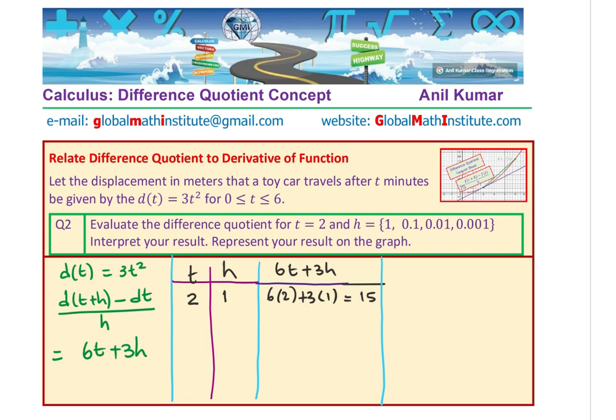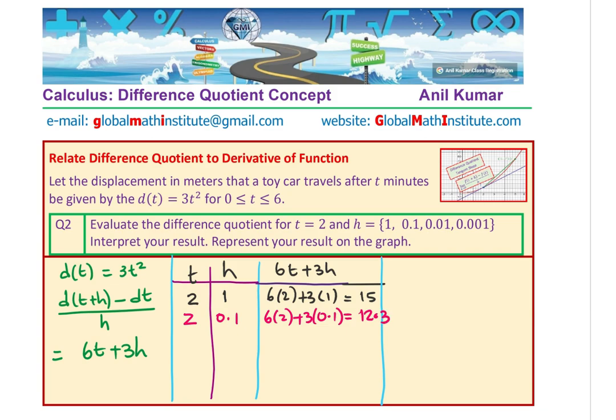Okay, now let's take another value. If I take t as 2 and h as 0.1, I get 6 times 2 plus 3 times 0.1. 6 times 2 is 12 and 0.3. So we get 12.3. Do you see that?